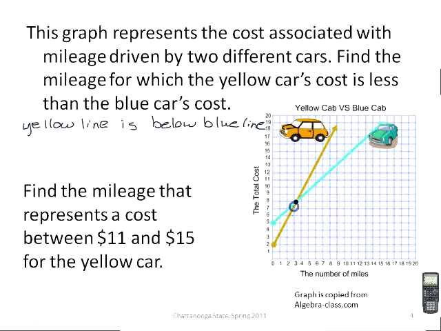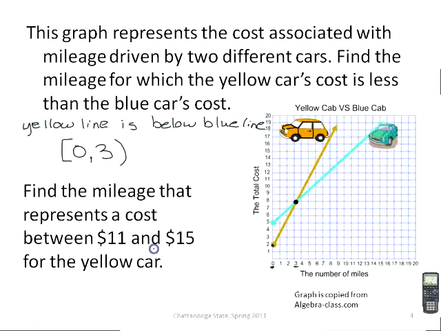So where the yellow line is lower is right here. So this corresponds with mileages of, from here up to here, mileages of 0 to 3. So I would say from 0 up to 3.